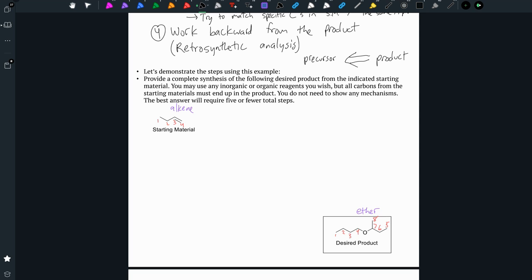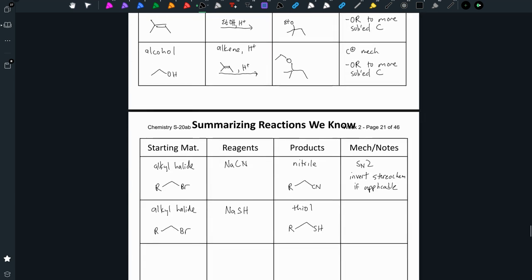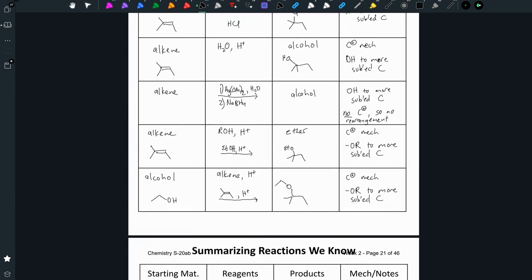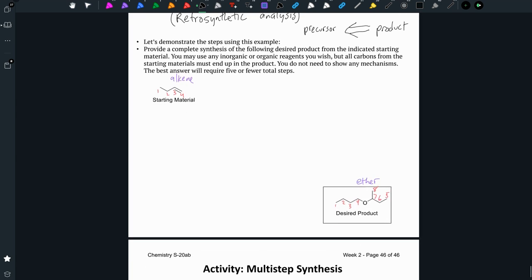And I know I can make an ether by reaction of an alkene and an alcohol, as I showed up here. Alkene, alcohol makes ether. So I know 3 different ways I can make an ether, which means I'll have multiple possible precursors. So maybe first I think of the SN2 route.